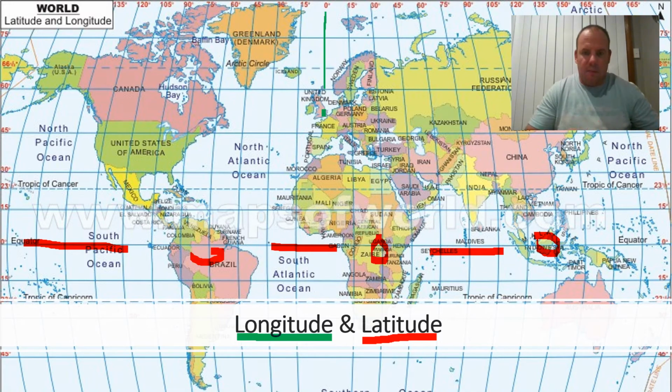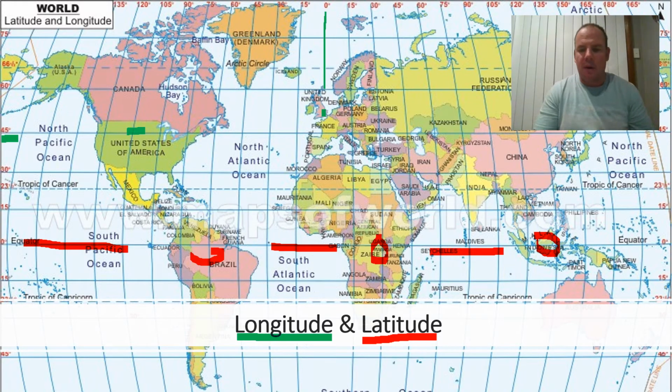So if we look at say the United States, and if I was roughly giving the middle, so let's say we're looking at this line here, the latitude is 45 degrees north of the equator, and it is 105 degrees west of the Greenwich meridian.